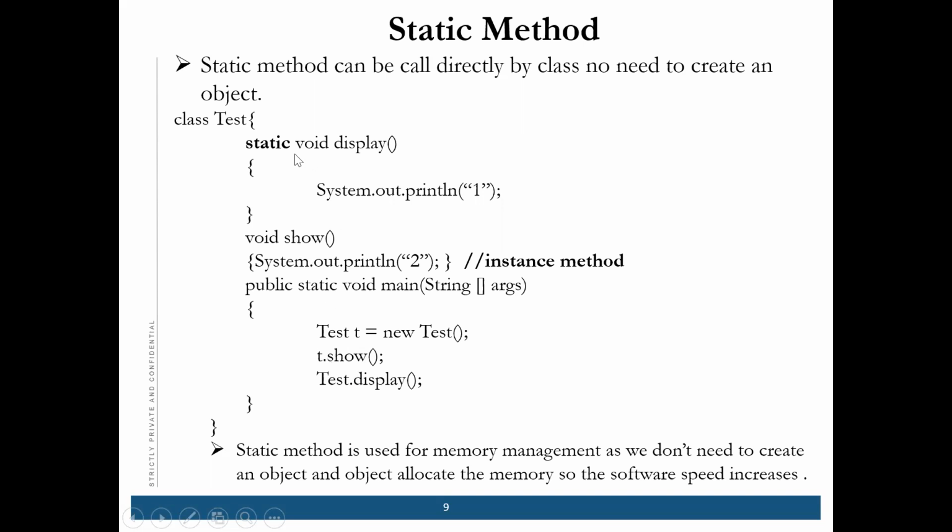But for calling this display method, we don't need any object creation. We can directly call it like test.display. We will see how. The static method is used for memory management. We don't need to create an object, and an object allocates the memory. So that will increase your software speed.